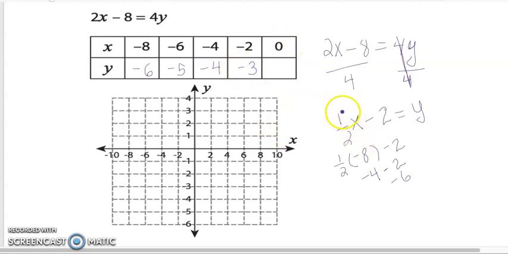When x is 0, 1/2 of 0 is 0. So any number multiplied by 0 is 0. Minus 2 is -2.